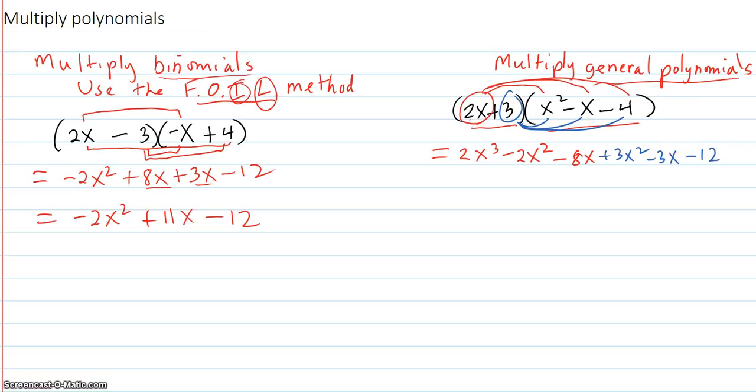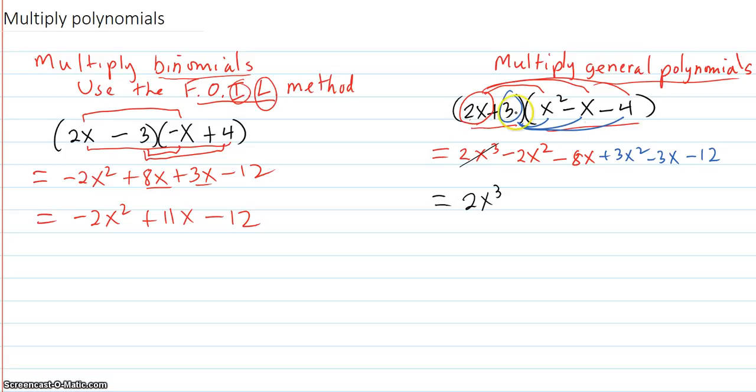Now you look for like terms on the highest power. You look for the highest power. That's the 2x to the third. And so you accounted for that.